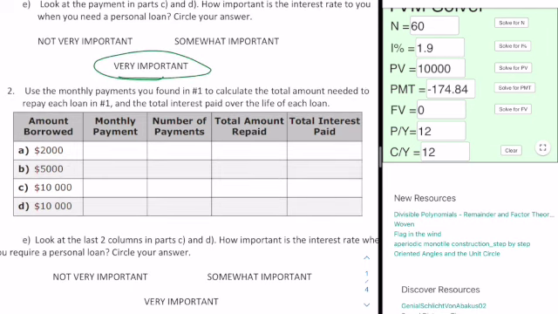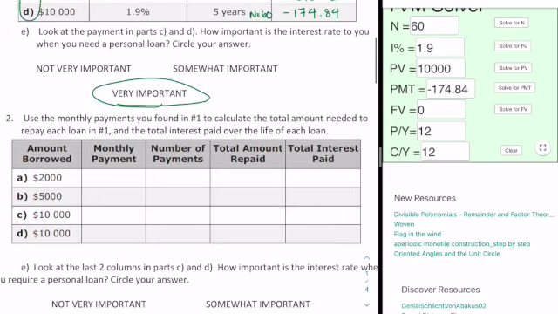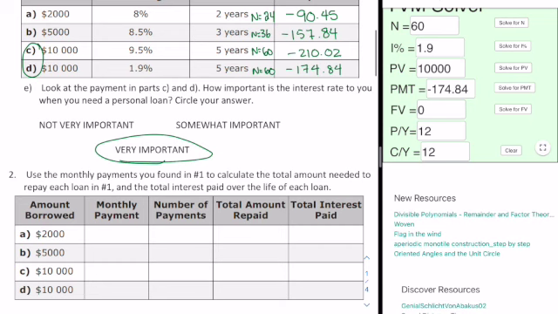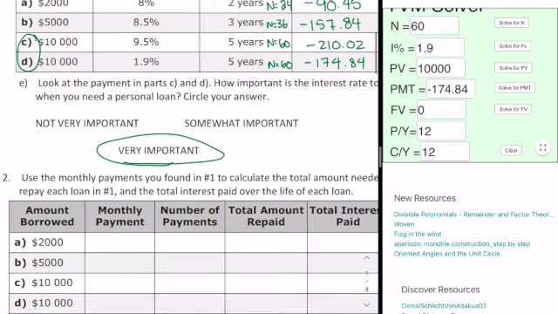All right, number 2, use the monthly payments found in number 1 to calculate the total amount needed to repay each loan, and then the total interest paid over all time. So here we're just going to rewrite these numbers real quick.